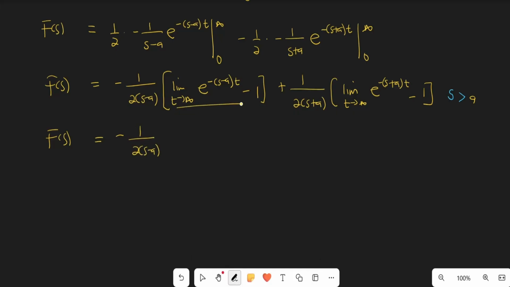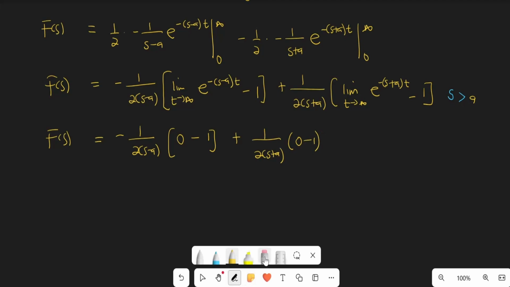And now this one goes to 0 as t goes to infinity, minus 1, and now plus 1 all over 2 times s plus a. And now as t goes to infinity, this one goes to 0 as well, because the exponent is negative infinity, so that is going to be 0 minus 1 as well. This is dependent on this assumption. So the assumption here is that s is strictly greater than a.